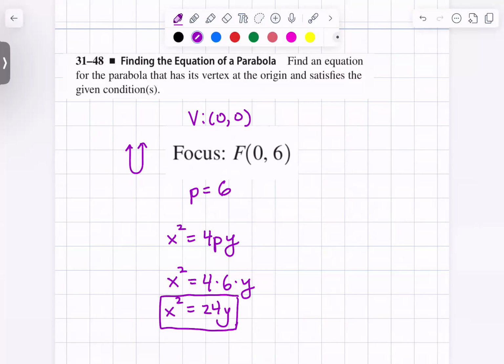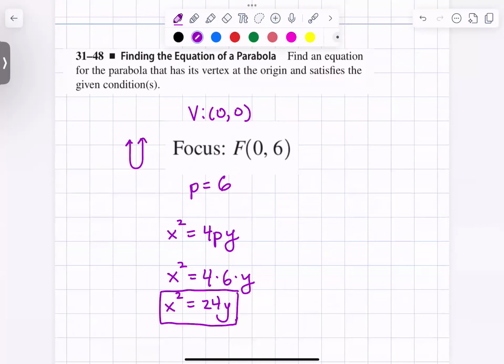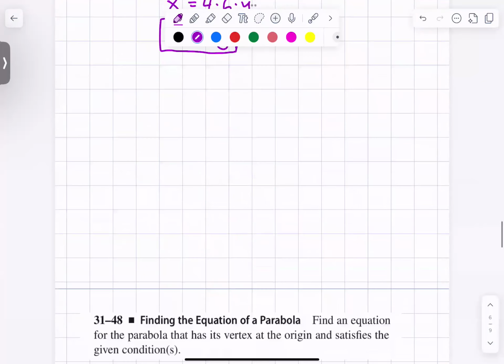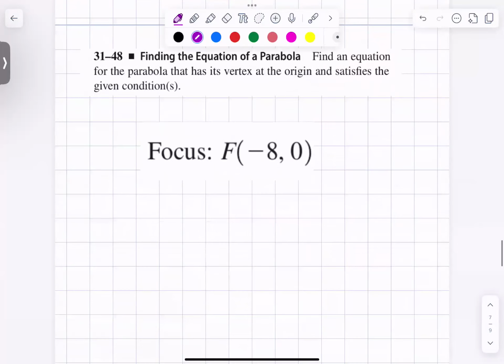Cool? Make sense? Yeah. All right. So that's that. And then we have another one here. So my vertex again is at 0, 0. Focus is -8, 0. So what's my p-value? -8.